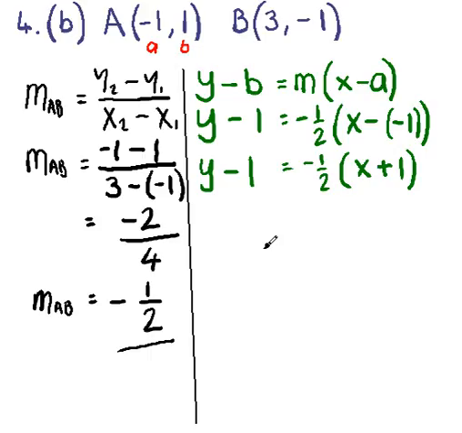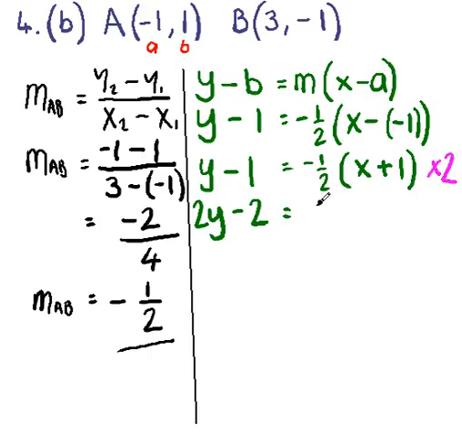Now at this point, what we should do is try and get rid of a fraction. So we have just the one fraction, minus a half. So we have a 2 in the bottom here, which means if we multiply through by 2, the fraction will disappear. So multiplying everything by 2, y times 2 is 2y, and then it's 2 times minus 1, which is minus 2.